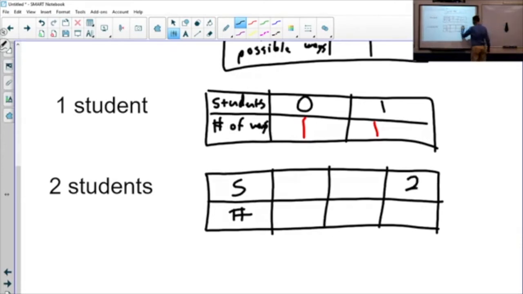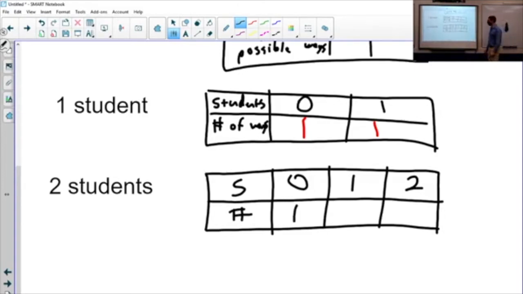So what are the possible number of students I could select out of 2? I could select both of them. I could select one of them. I could select none of them. How many different ways? Let's start with 0. How many different ways could I select neither of them? 1. I could just say, sorry, you're not picked.